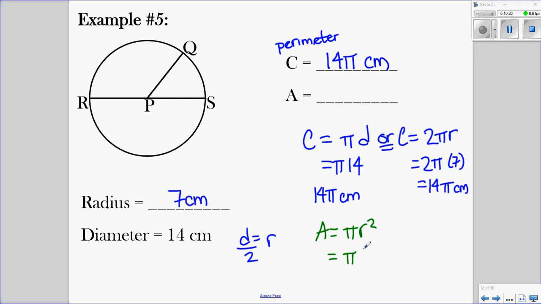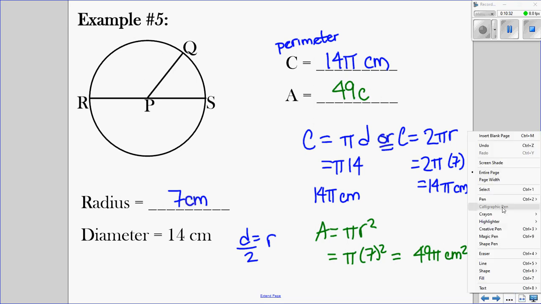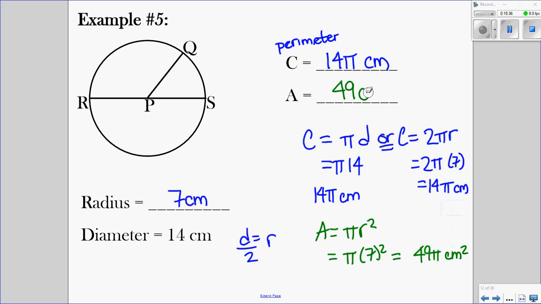Now we're looking for the area. We have a 7, square it. So it'll be 49 pi centimeters squared. Oops, forgot the pi. Can't forget about the pi.